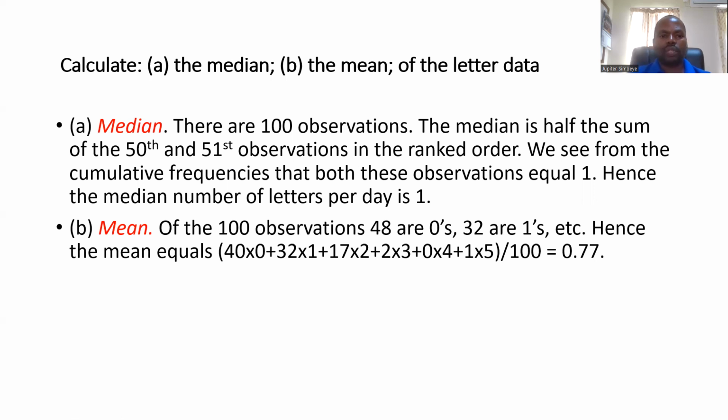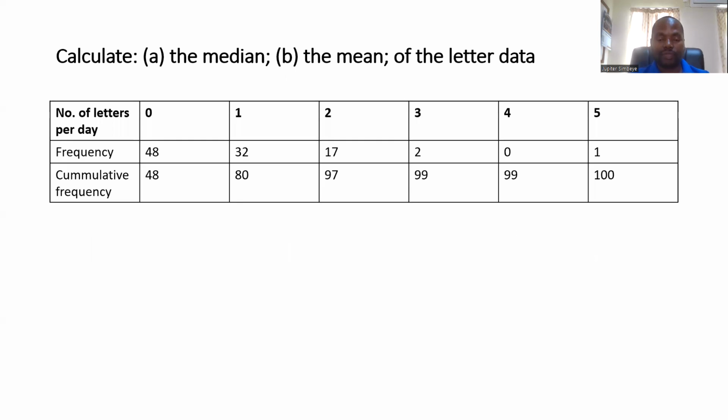Now, when we start from the first day, then we can rank those. When we reach 48 in terms of ranking, they will all be zeros. A one will start at number 49, because we know there are 32 ones.